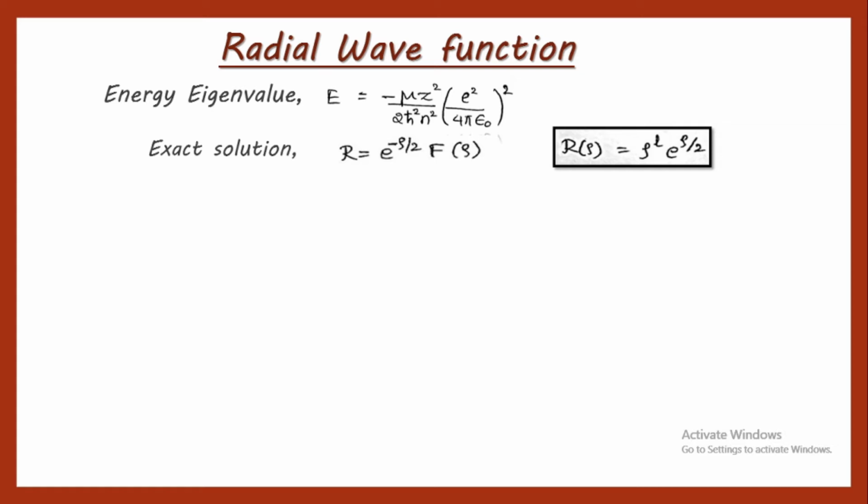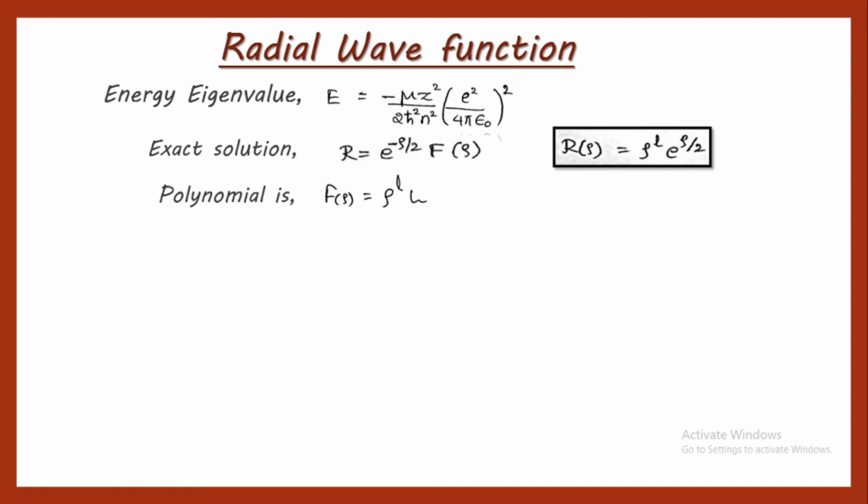That's why we consider f of rho to be a polynomial, taken as f of rho equals rho raised to L as it is, into L of rho. Here L of rho is nothing but the Laguerre polynomial. So what actually is this polynomial? Hopefully you have studied it in the mathematical methods of physics paper.